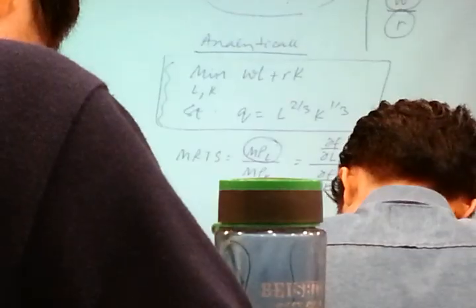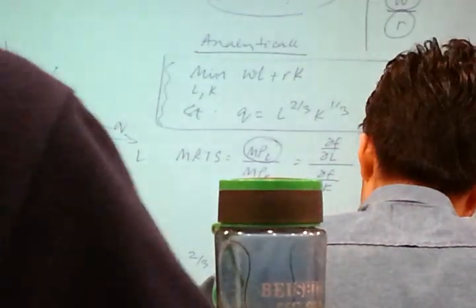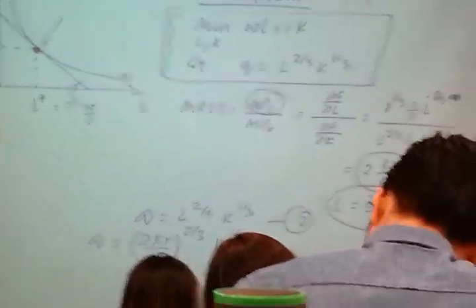L is equal to 2KR over W, so just put it in: Q equals (2KR over W)^(2/3) K^(1/3). Once you do that, solve for K star. I'm not going to solve the algebra.